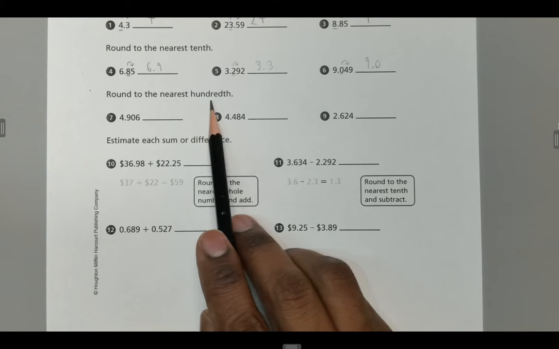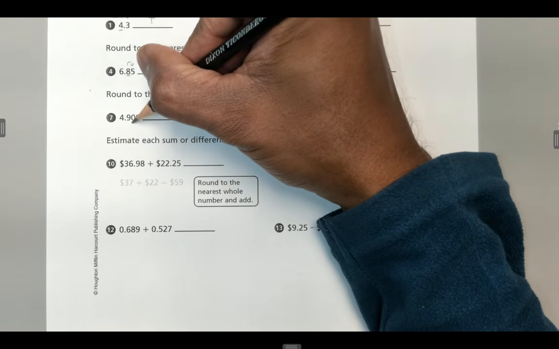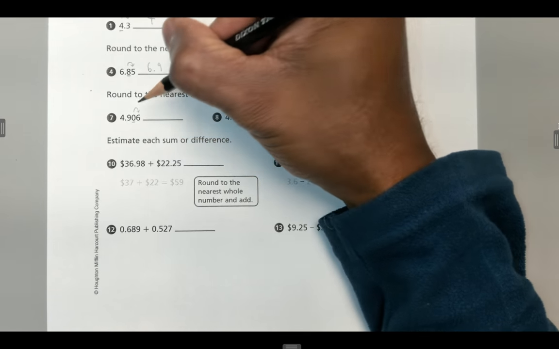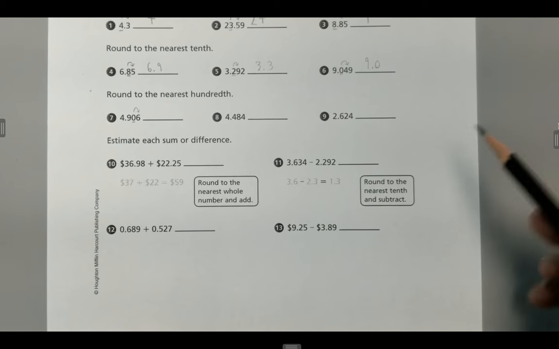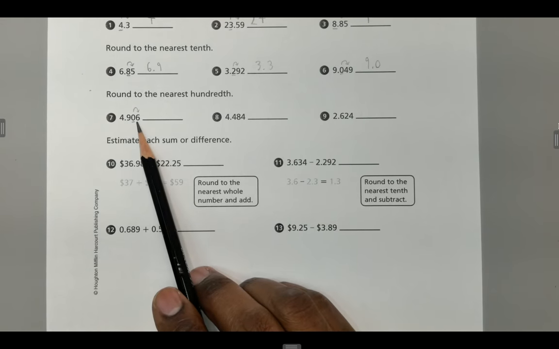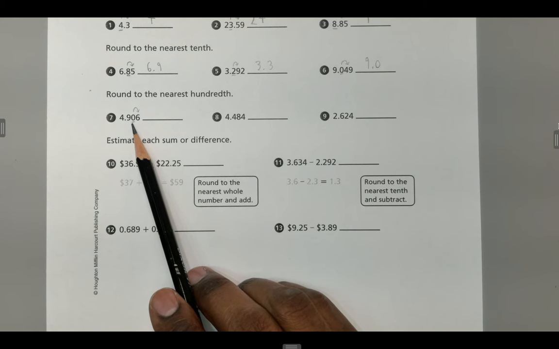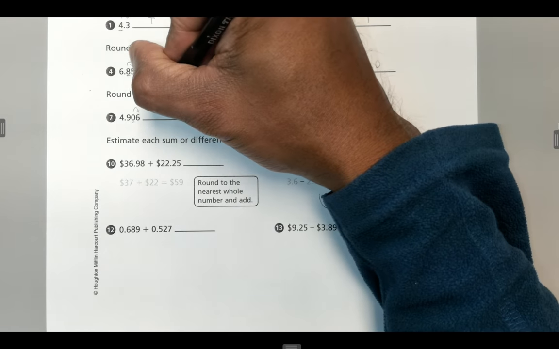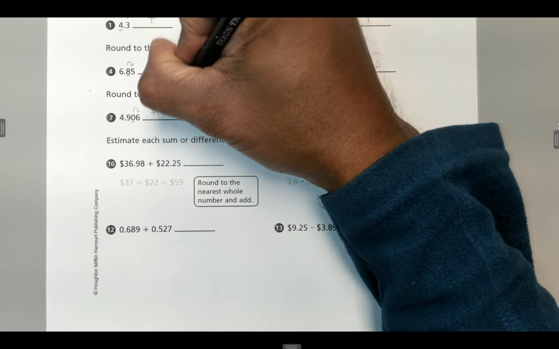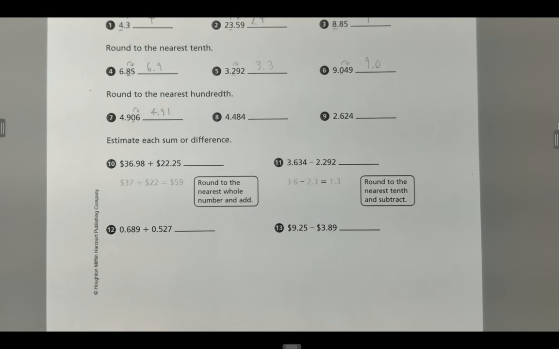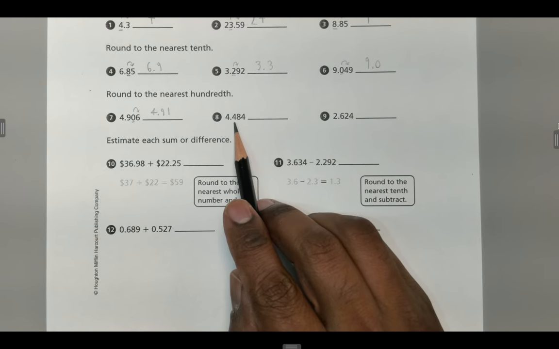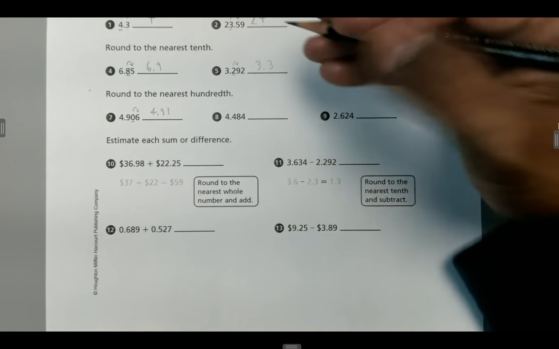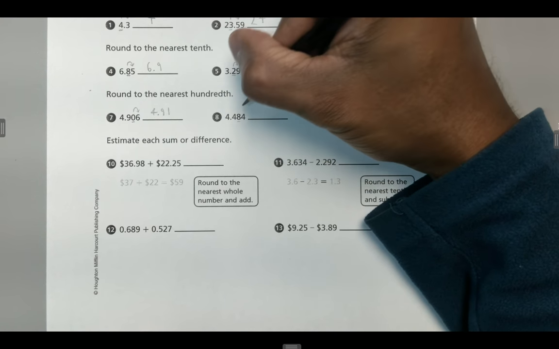Number 7, now we're rounding to the nearest hundredths. So I'm going to underline the 0 in the hundredths place. Its neighboring digit to the right is 5 or more. So I raise the score on what I've underlined. Four and 484 thousandths. Underline the 8 that's in the hundredths place.